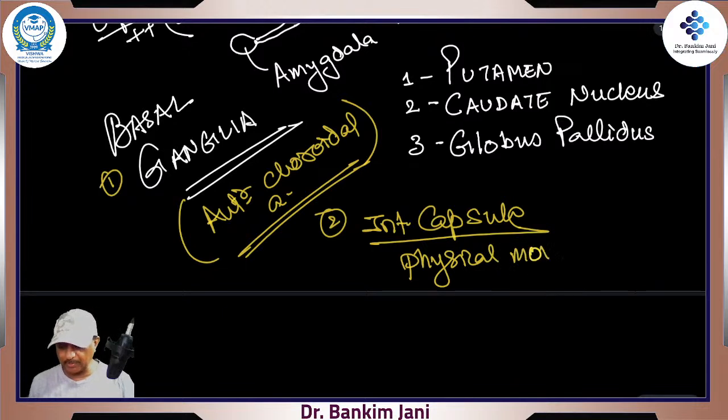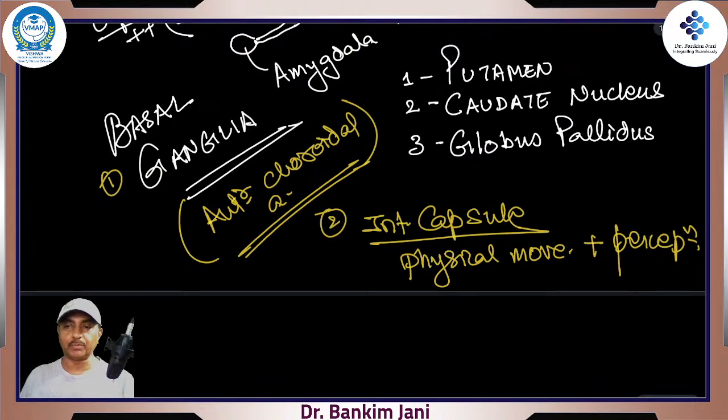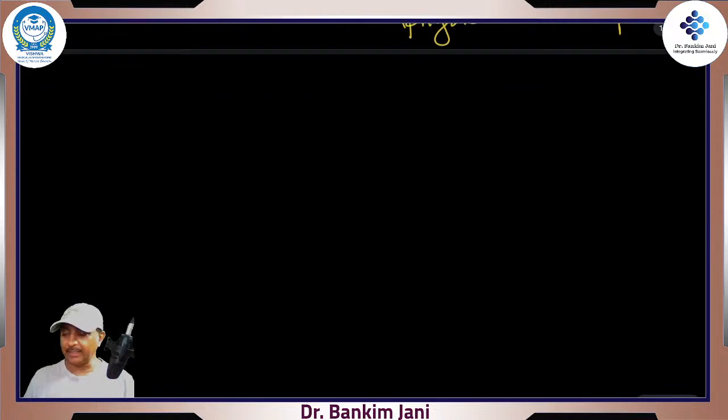Physical movement, how much you are balancing, all those things plus perception, that is thanks to this internal capsule. So obviously when it is involved, the person won't be able to walk properly, and things will go accordingly. So this is the importance of that anterior choroidal artery.